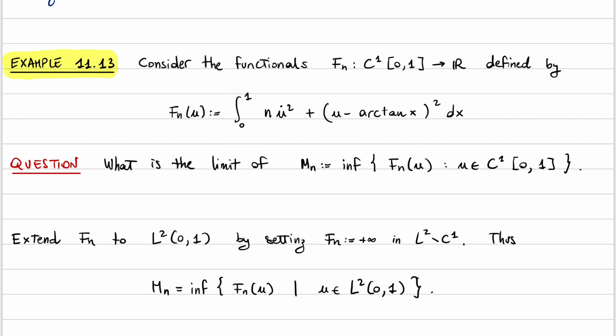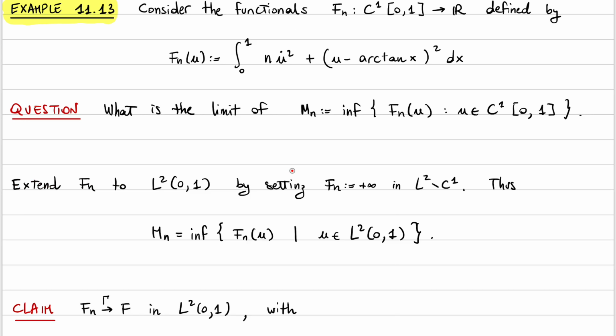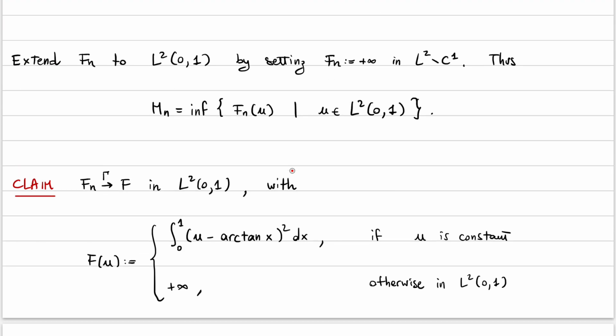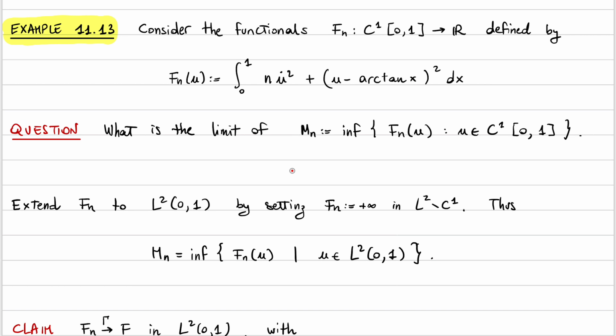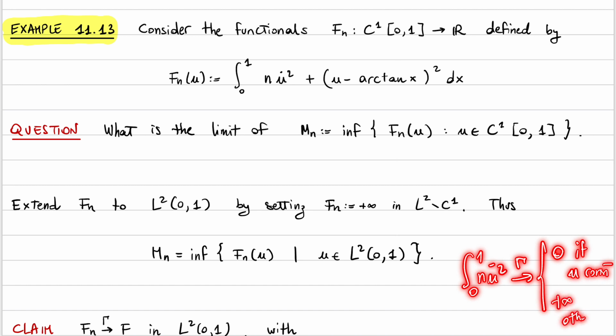And this disappears in the limit only if u dot is equal to 0, meaning u is a constant. So that's why this guess for the gamma limit. We are just saying that the integral from 0 to 1 of n u dot squared gamma converges to 0 if u is constant and plus infinity otherwise.